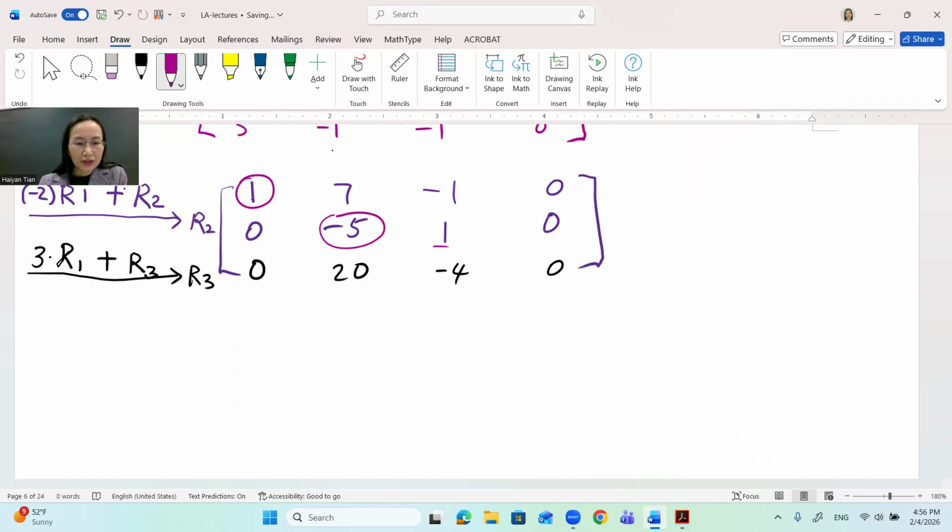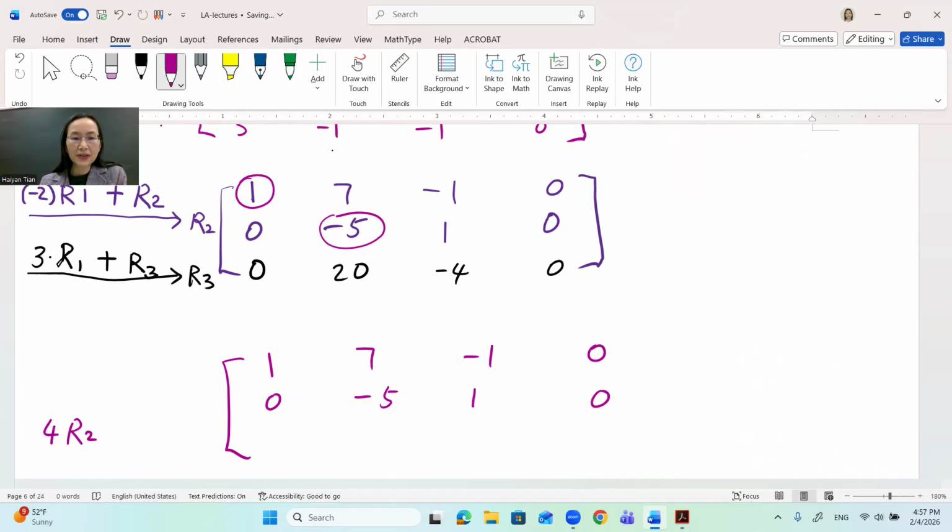What we do is just keep the first row as is. Second row, for now, let's keep it as is. We want to use a multiple of the second row. So what do we do? It's the second row times 4.